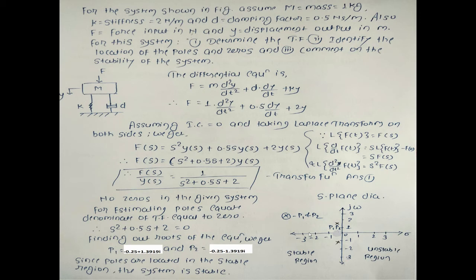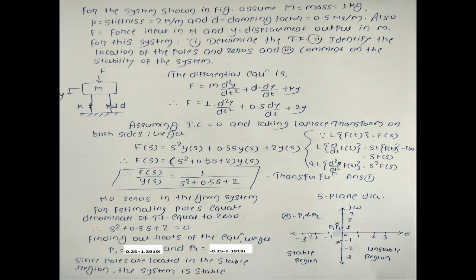So this is how, for any practical system, it may be a mechanical system, a thermal system, or a fluid system, you can model any kind of system with the elements that comprise that system. You can model that system with the help of known mathematical differential equations.